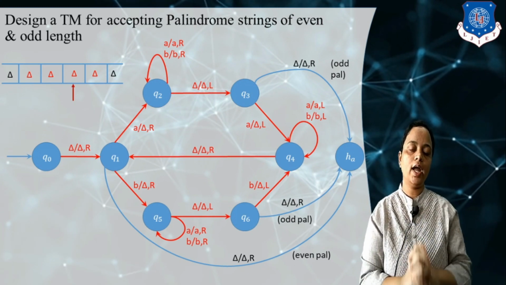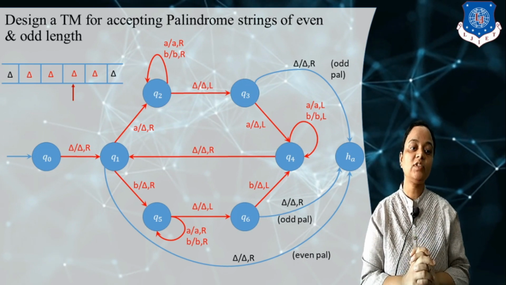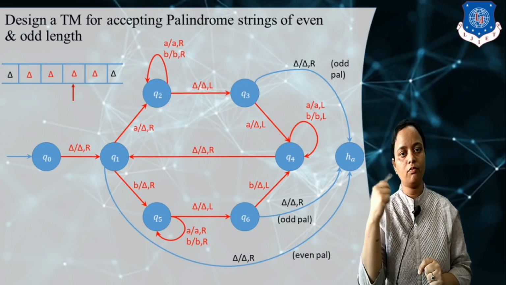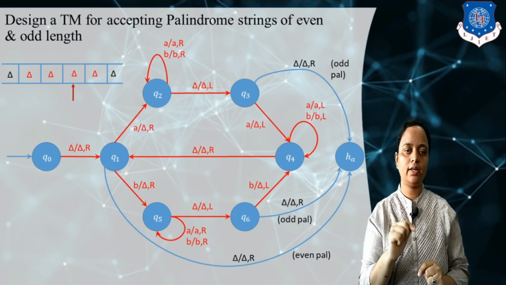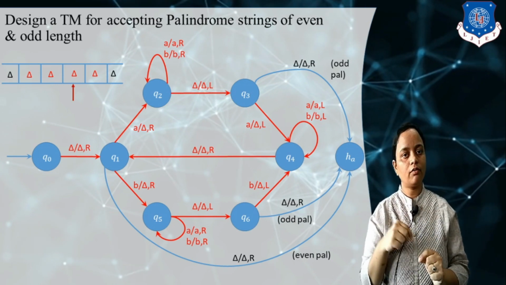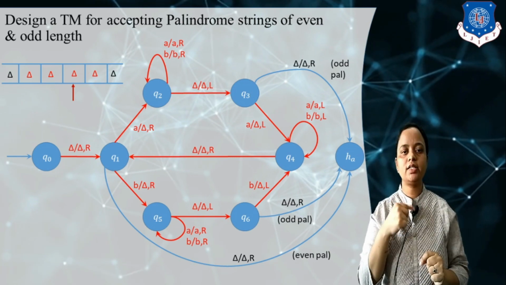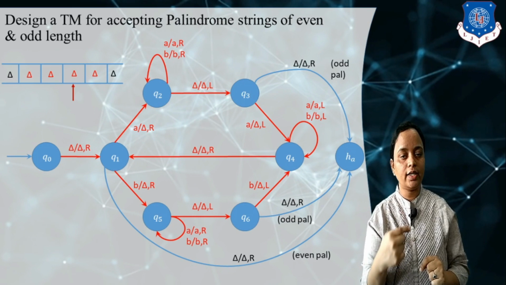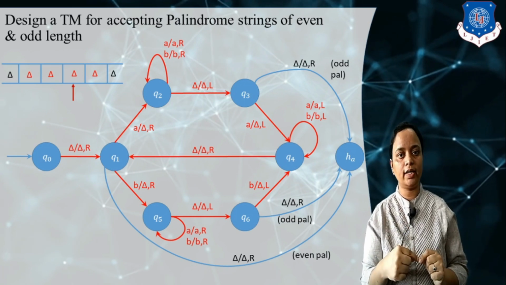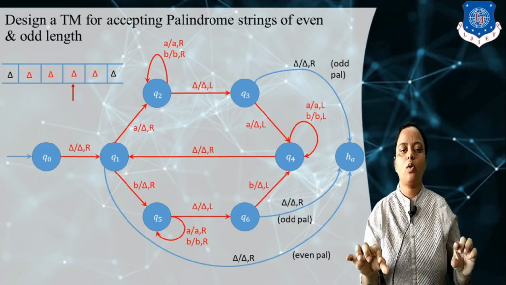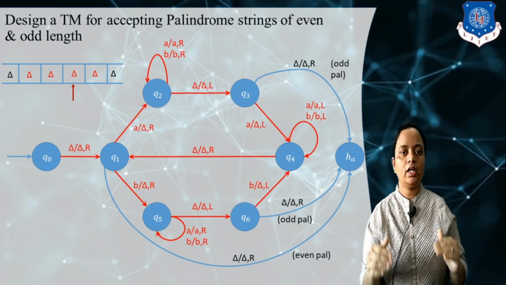Now if you see at the Q1 state, there are two possibilities that we have seen. If input A is coming, what are we going to do? Replace it by the delta. If input B is coming, replace it by the delta. But at the Q1 state, if we read the input delta, it means that all the symbols are converted into delta.